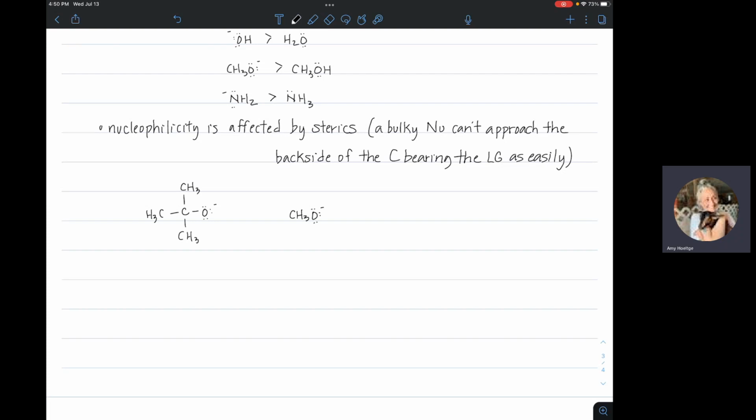So t-butoxide is a stronger base, but methoxide, because it's smaller, I mean, it is basic, it has a negative charge, is a better nucleophile.